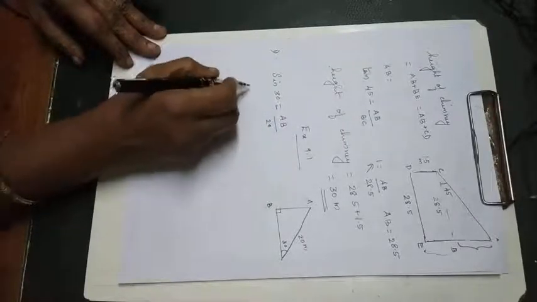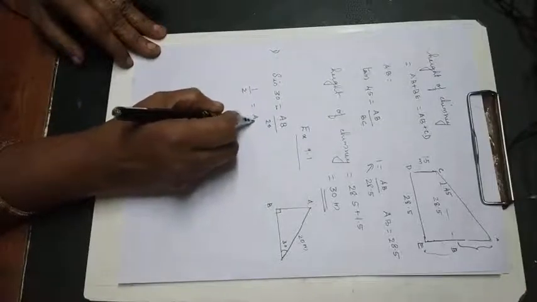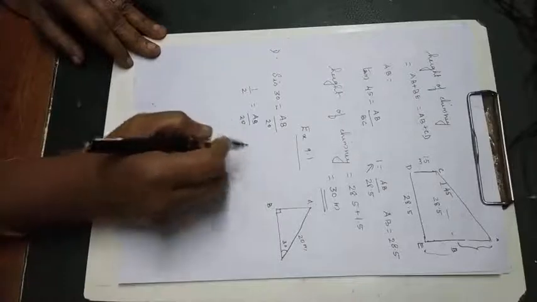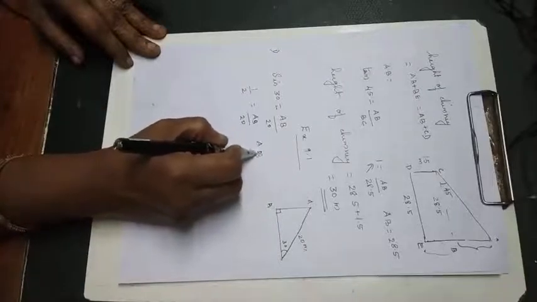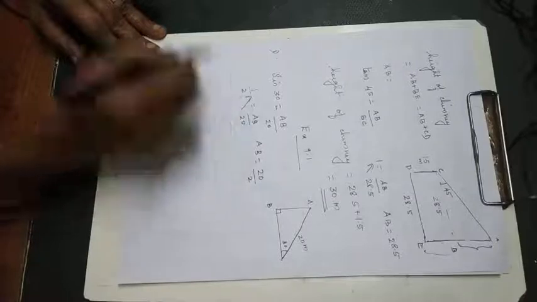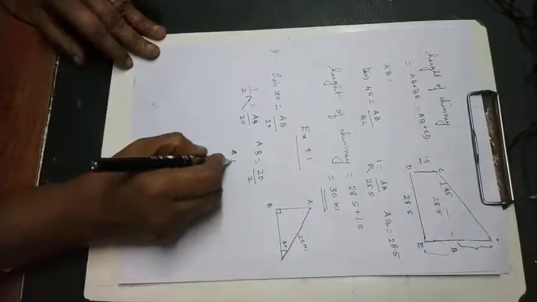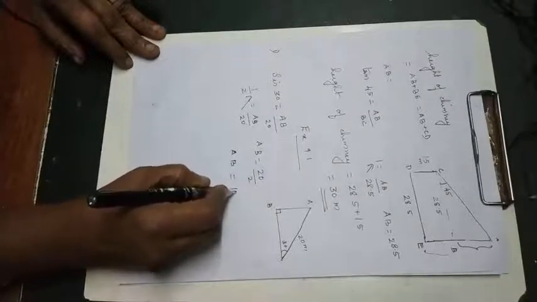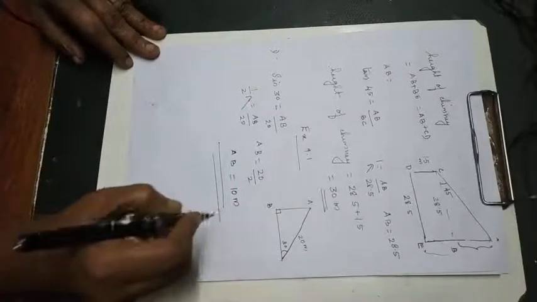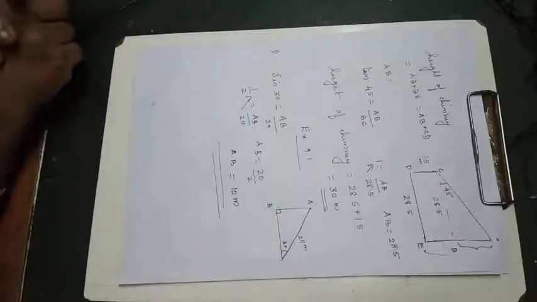Sine 30 value we know, that is half, equal to AB by 20, or AB is equal to 20 divided by 2. So AB is equal to 10 meters. Now you got the height of the pole, that is equal to 10 meters.